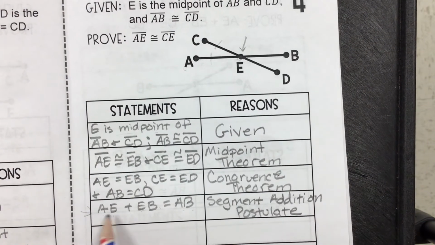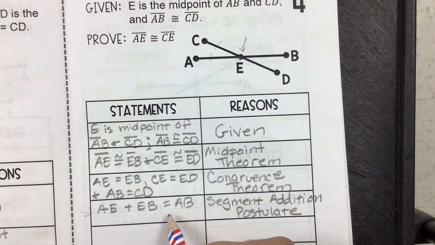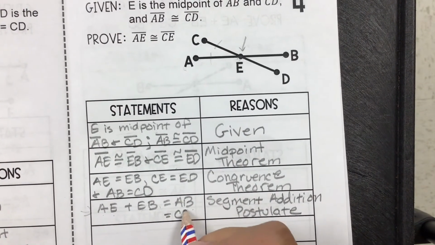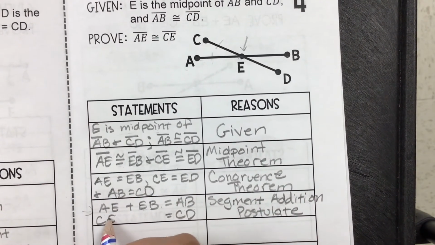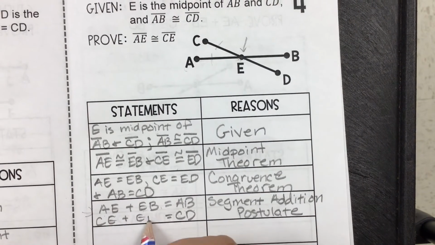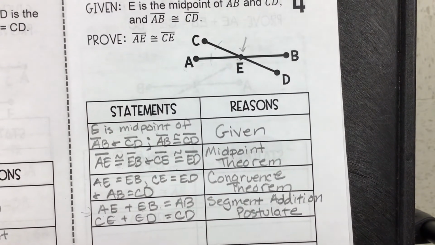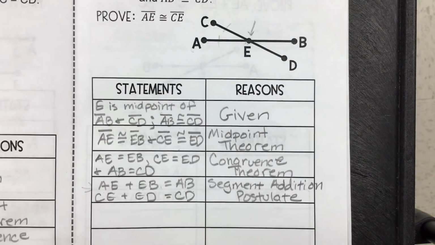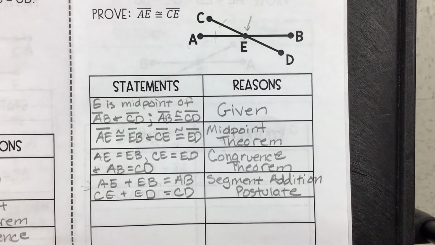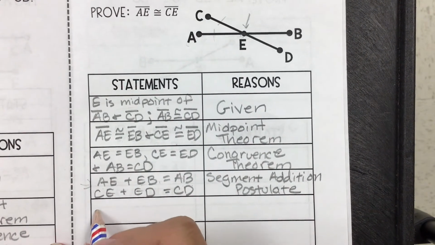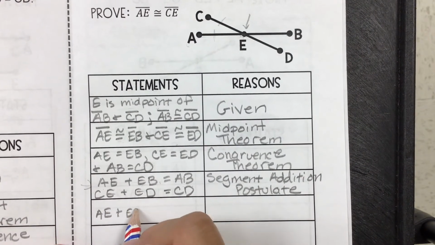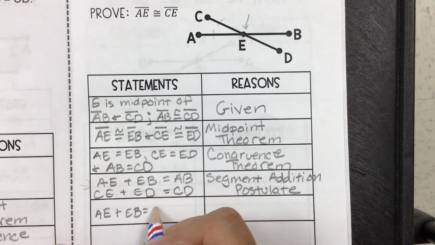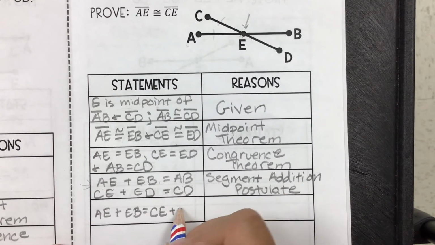So if we can say it about the segment AB, we can also say it about the segment CD. What would it say? It says CE plus ED is equal to the whole segment CD. From here, we can write that AE plus EB is equal to CE plus ED.